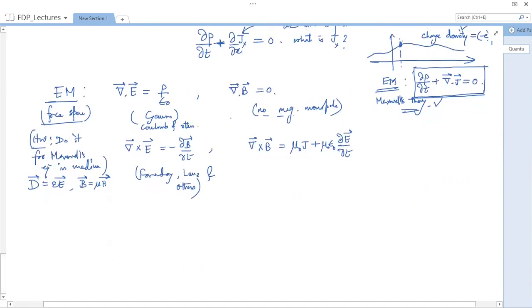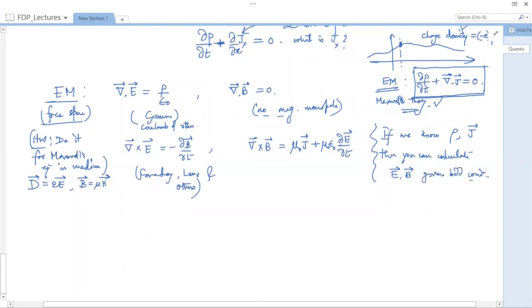But what this Maxwell's equation is telling you is, if you know the charge density rho and the charge current density J, then you can calculate the electric field and magnetic field given boundary conditions.